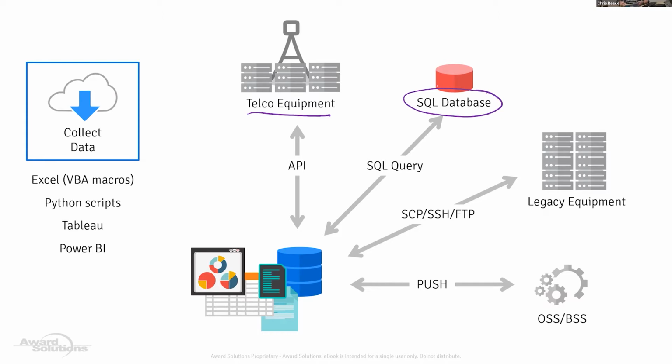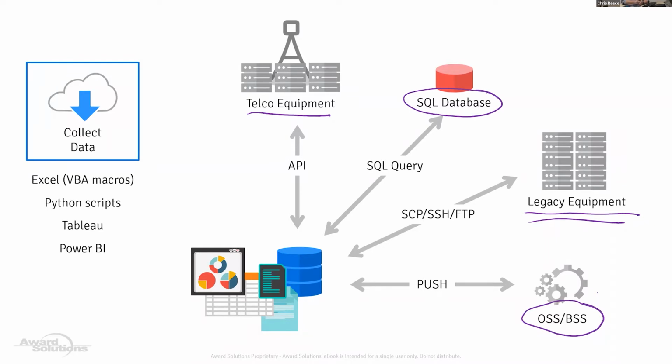Maybe we're pulling data from some legacy piece of equipment. Or maybe we're pulling this from our operation support system, business support system. So think about the network you're trying to manage, and think, what are the different types of equipment you may need to pull data from, and how do I get that data?